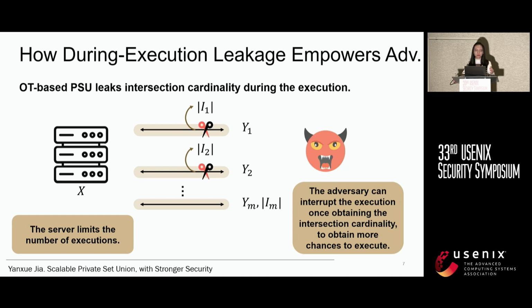Maybe we also need to limit some interaction issues like this. Otherwise the adversary can obtain more chances to execute, and so can obtain more information to infer the items in set X.